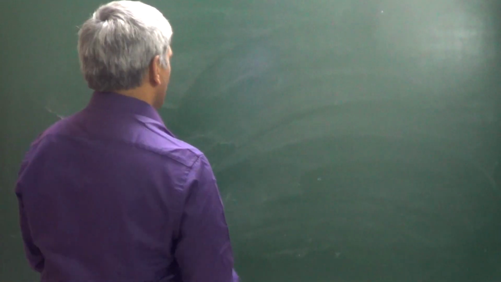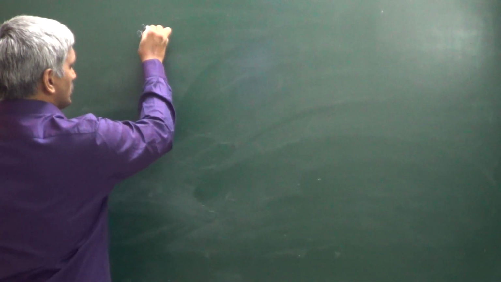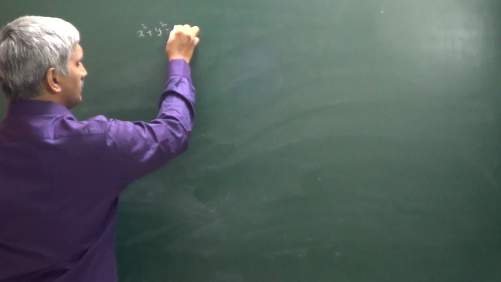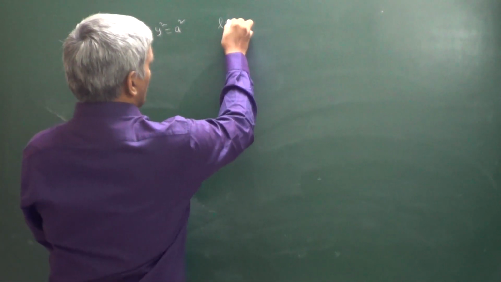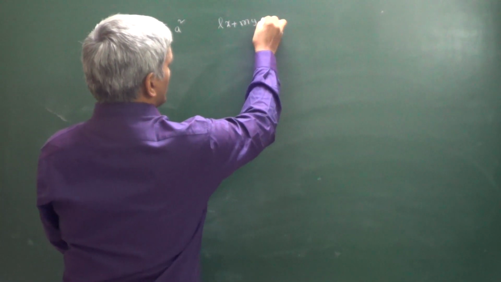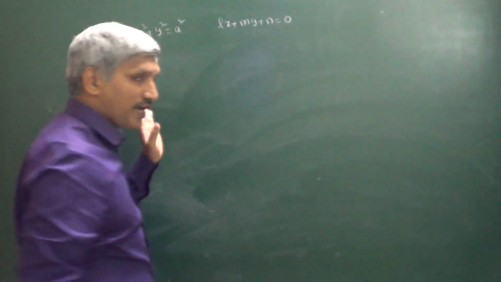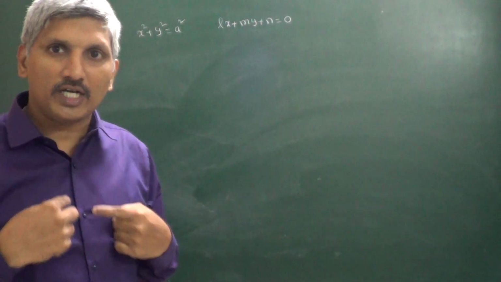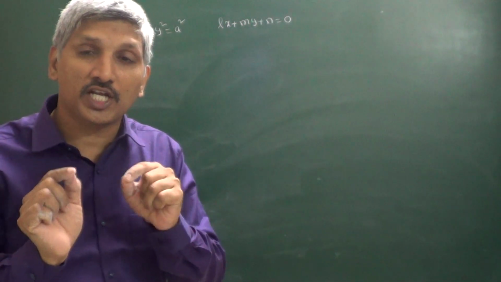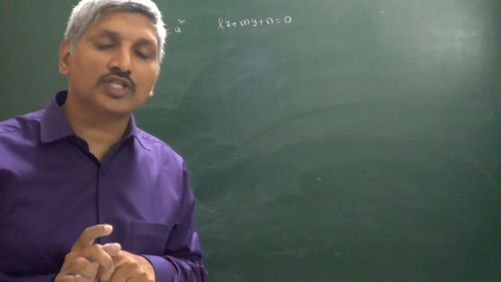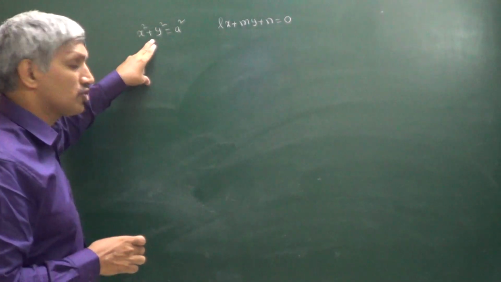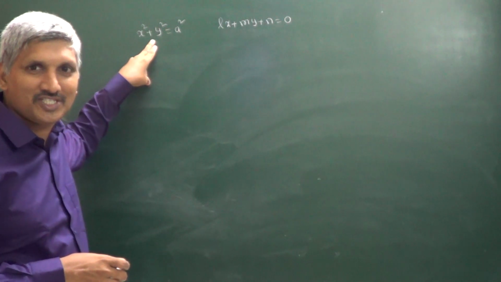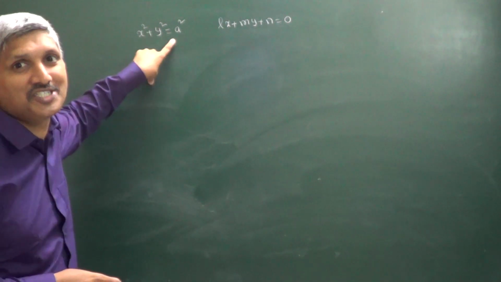The information given is x square plus y square equals a square and lx plus my plus n equals 0. We can do it in another way also, but since I have now discussed homogenization, with the help of homogenization I am doing it. This is no doubt a non-homogeneous equation: x square, y square, constant term.